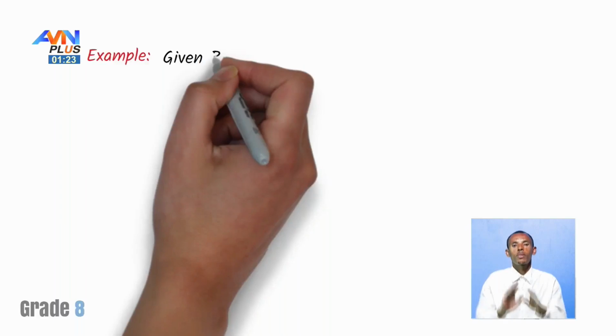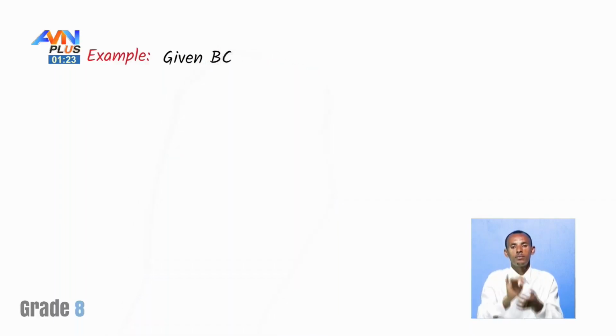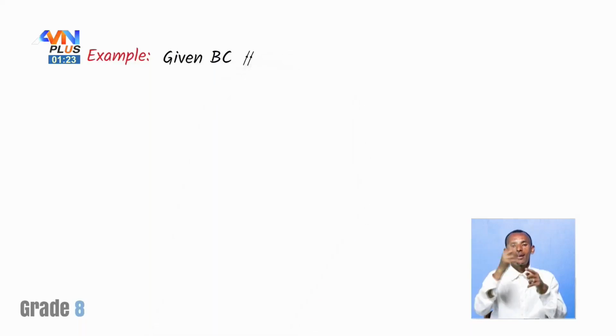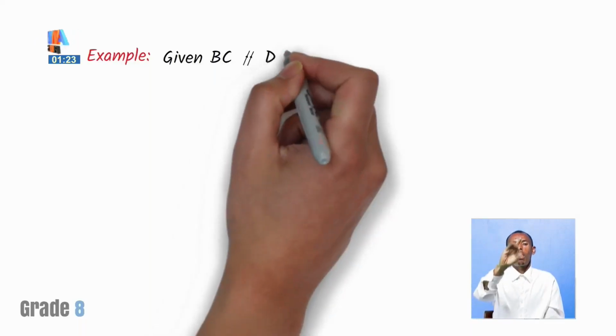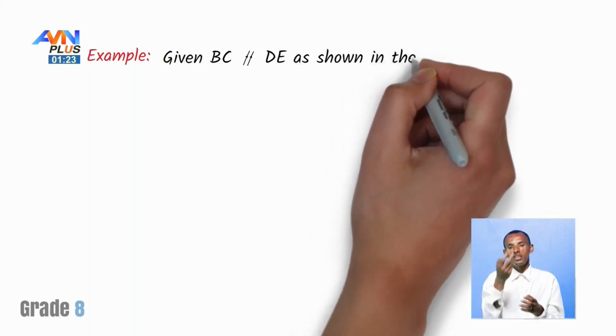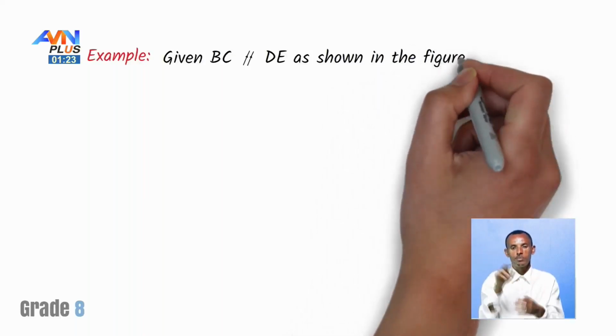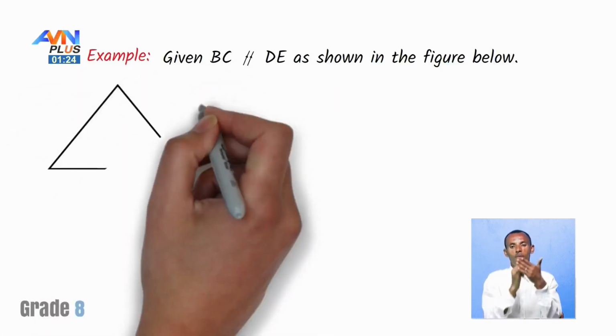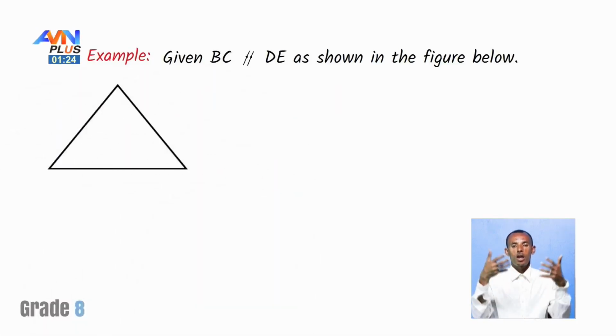Given that BC is parallel to DE as shown in the figure below. Okay, here there is a figure which is a combination of triangles.